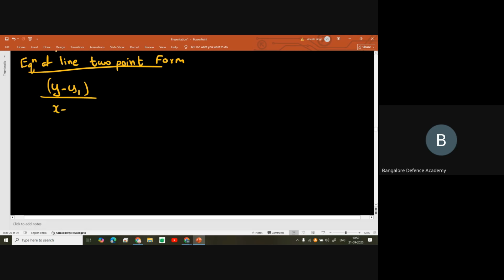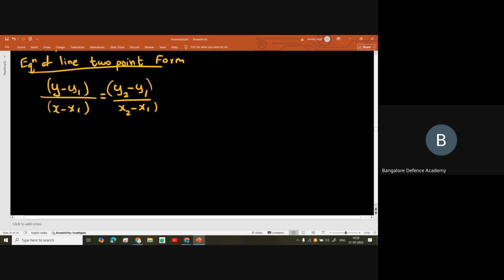Okay, next heading. We have done with the equation of a line in point slope form. Next, equation of a line in 2-point form. Write down the formula: (y minus y1) divided by (x minus x1) is equal to (y2 minus y1) by (x2 minus x1).